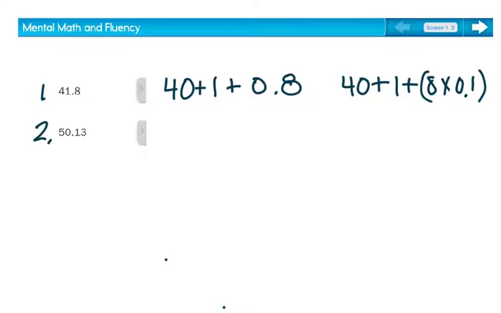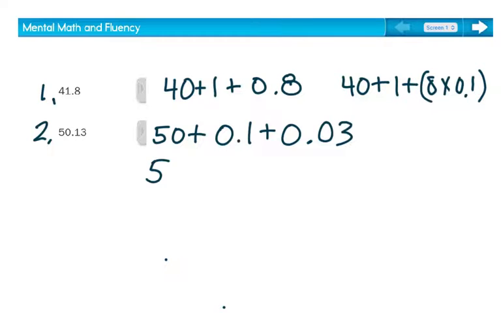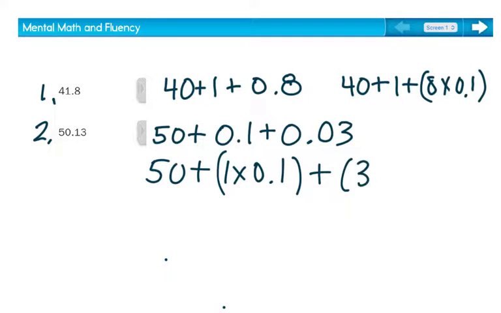So would you go ahead for number 2 and write 50 and 13/100ths in expanded form? So I could do 50 plus 1/10 plus 3/100ths, or 50 plus 1 times 1/10 plus 3 times 1/100th.